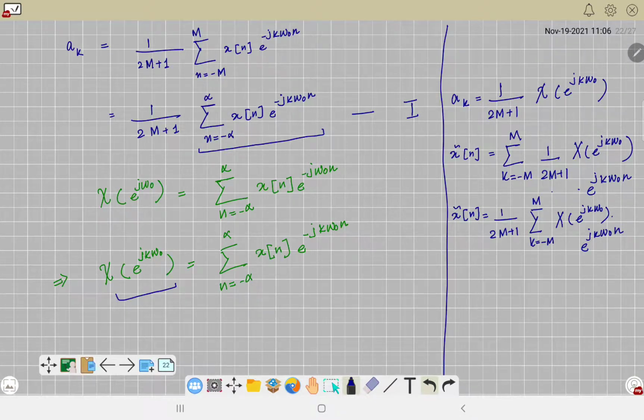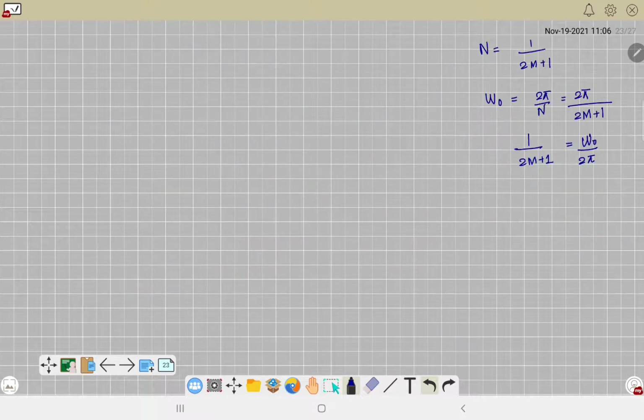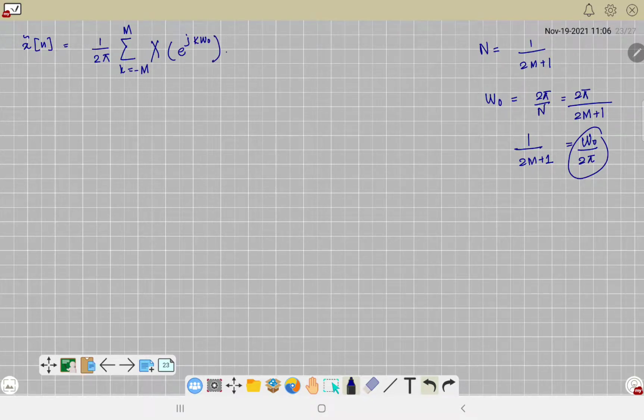Okay, so we'll make this substitution here. Instead of 1 by 2M plus 1, we will express our x tilde n as 1 by 2 pi, and omega naught I will take inside the summation, something like this, k equal to minus M to M, X of e raised power j k omega naught e raised power j k omega naught n, and then here is my omega naught. Fine.